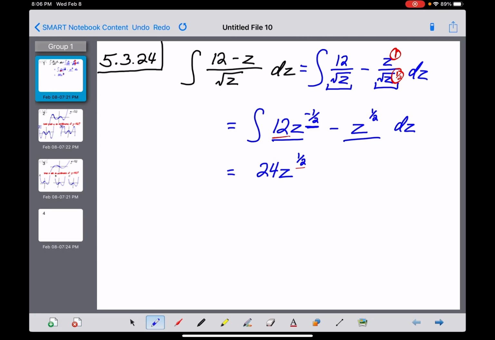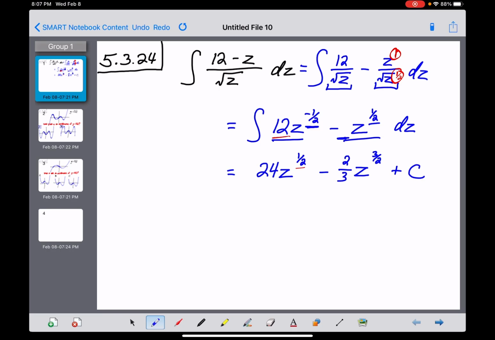And then for this next term, there's going to be a minus. Here's my base, z. Raise your power by 1. So 1/2 plus 1 is going to get you 3/2 for that power. And then divide your old coefficient, which really was 1, by your new exponent. 1 divided by 3/2 is 2/3. So that goes there, and since this was an indefinite integral, there's going to be a plus c at the end of all that.